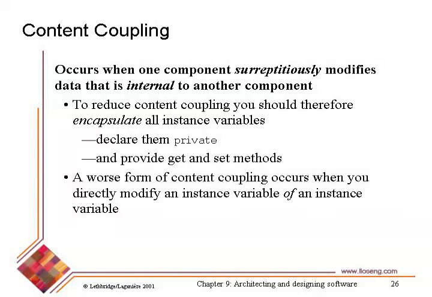Classic examples occur when you have instance variables that are not private. If you have public instance variables, then any other Java code anywhere in the system that gets a hold of one of the objects can start fiddling with its data. Okay? And the code that controls that class has no way of knowing that this is happening.